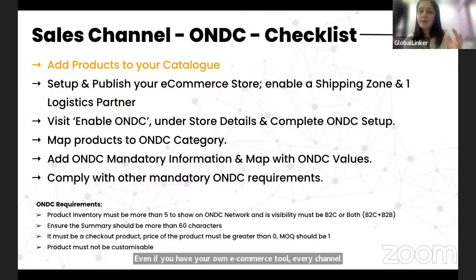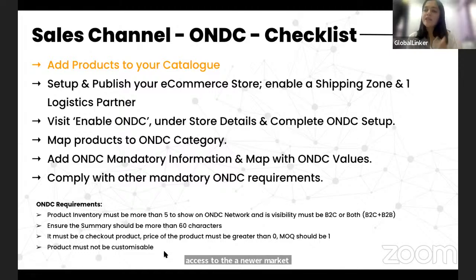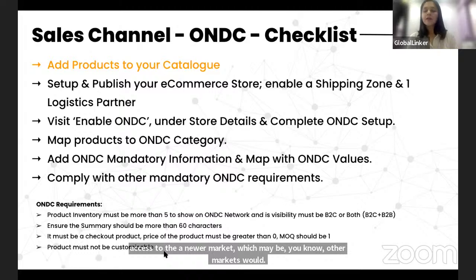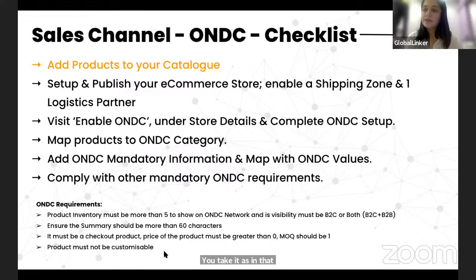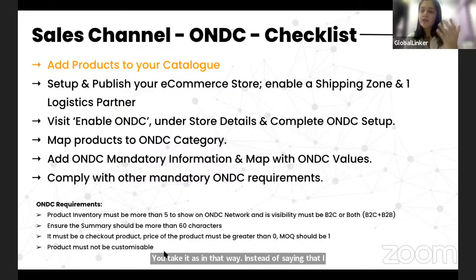Every channel will help you get access to a newer market, which maybe other markets would not. So every channel will complement each other. You take it that way instead of saying that I need to be only in one place. In fact, one catalog is helping you get more access because it's getting you linked to different channels.